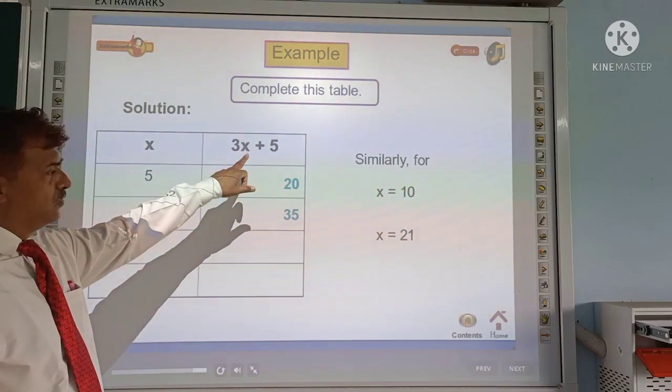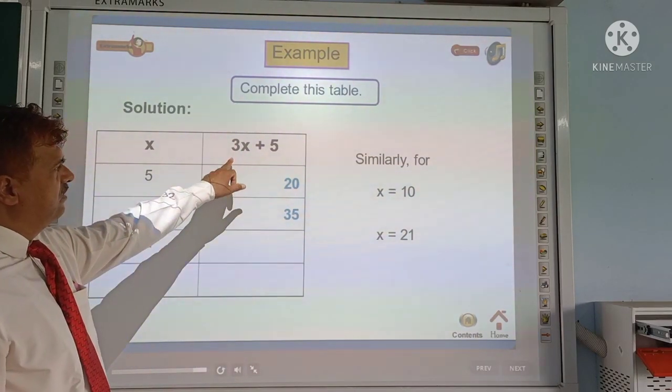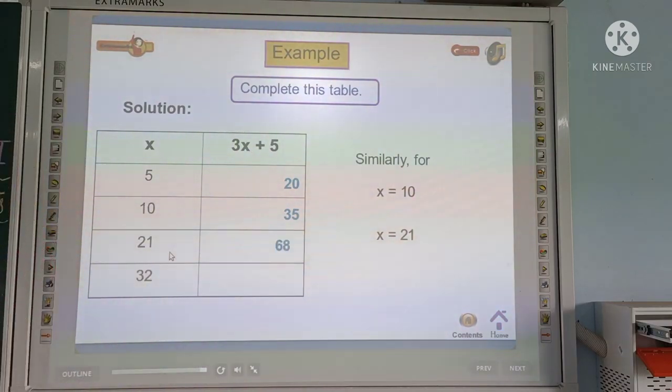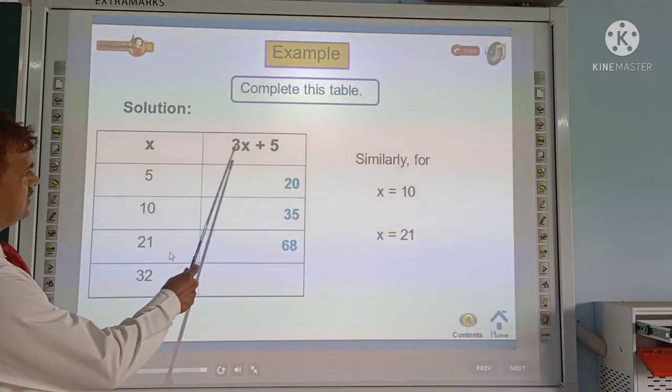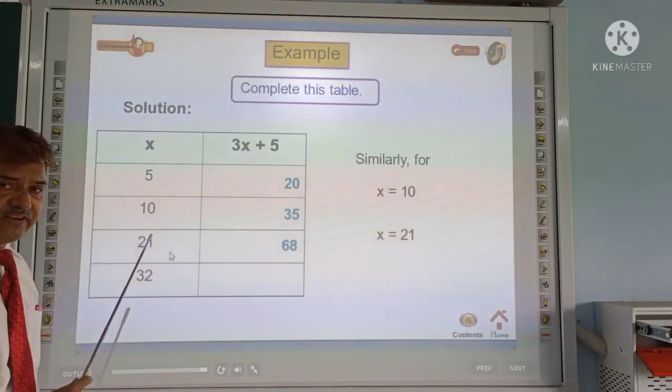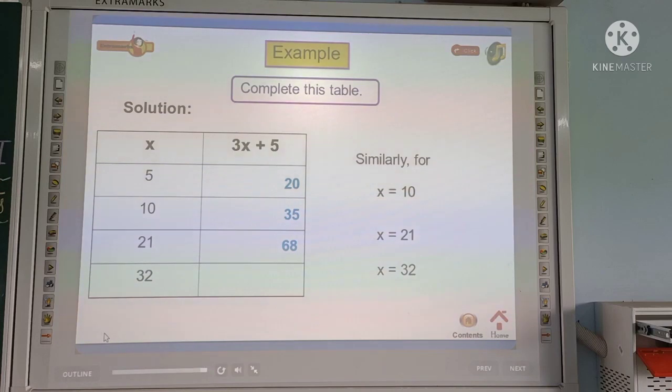If x is equal to 21, then it will be 63 plus 5. The value of the expression is 68. And when x is 32, then 32 multiplied by 3, then add 5. For x is equal to 32, the value of the expression is 101.